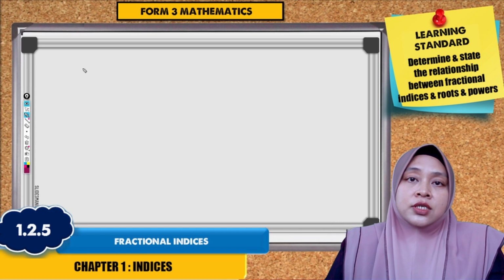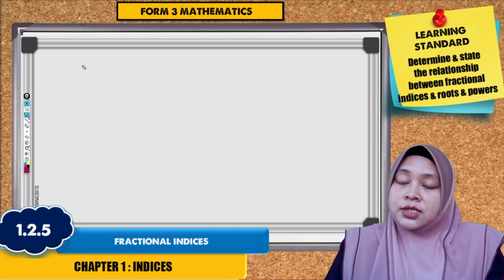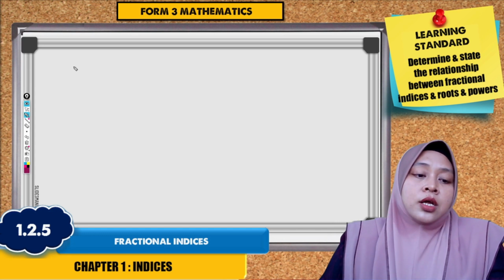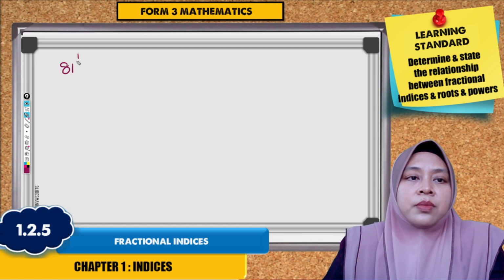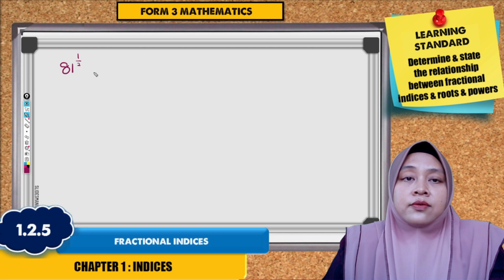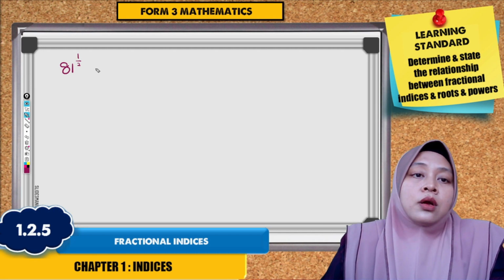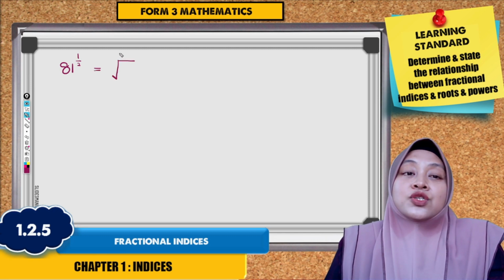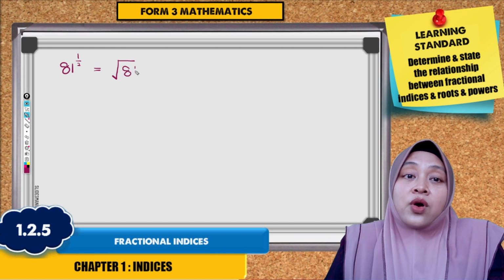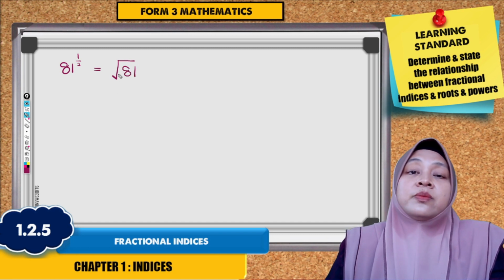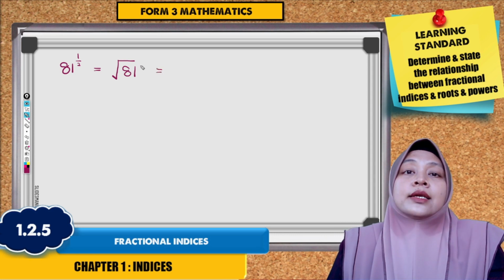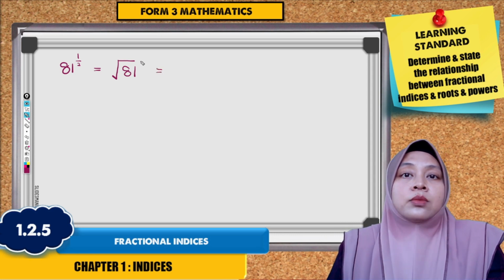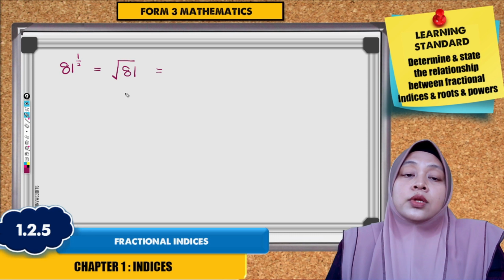Now, I want to share some examples so you can do questions in fractional indices very well. The first question is 81 to the power of 1/2, which equals the square root of 81, that you have learned before. The square root of 81 is the number that you multiply 2 times to get 81.